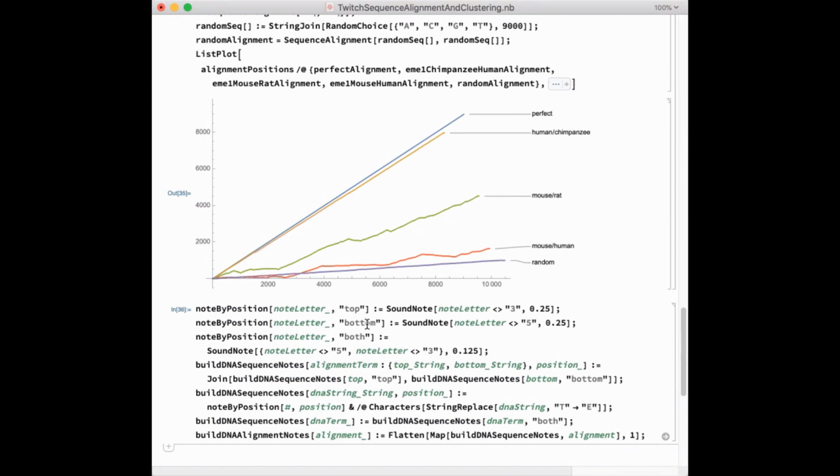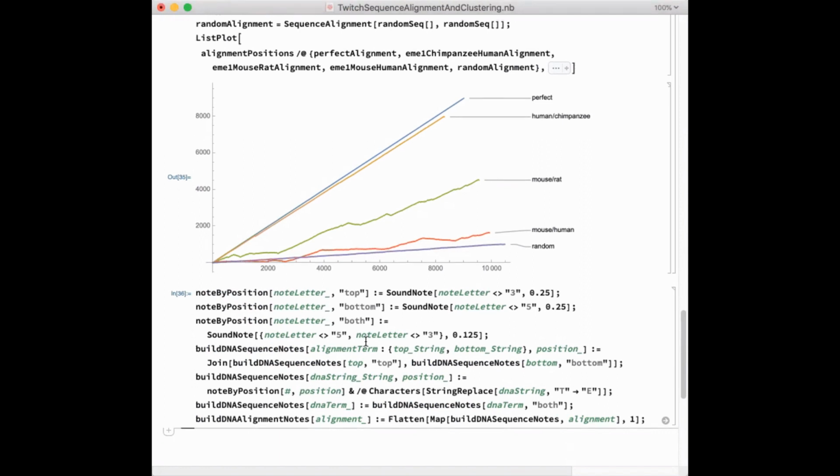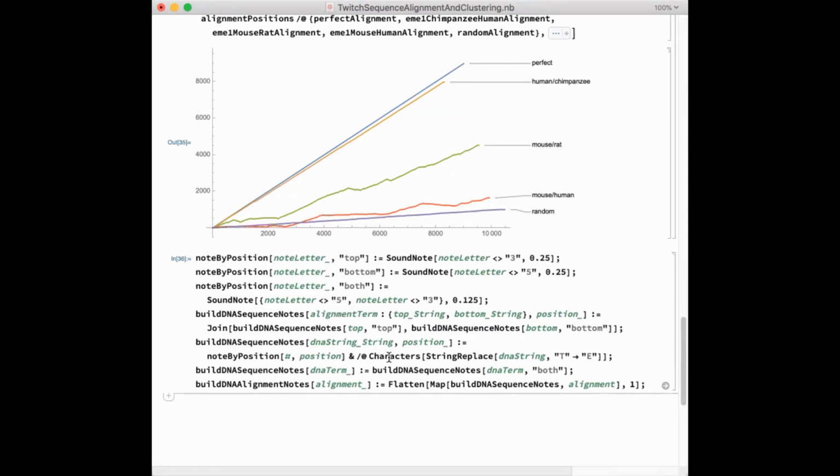If there's only a letter in the second part of the alignment, we'll play it as a low note. And if both are found together, we play both notes at the same time. And between C, G, A, and T, only T doesn't fall on the musical scale, so we map that to E, forming a nice C major chord.